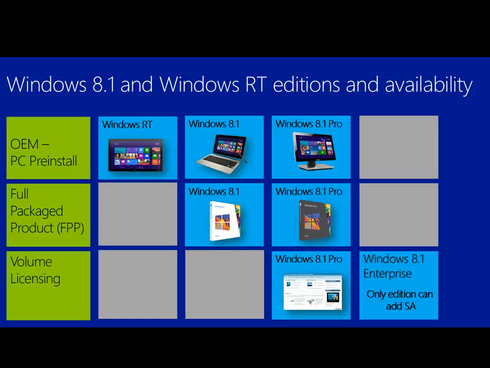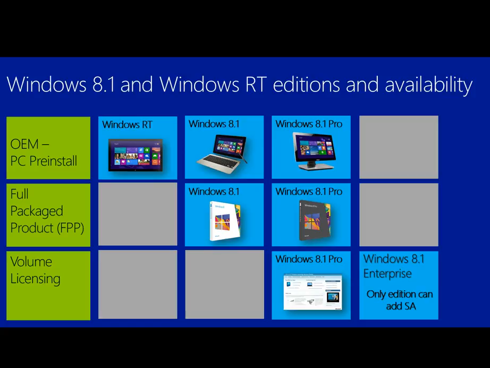Example, if I'm a new customer and I have 100 new machines and I want to have an Enterprise Edition. So if it's a new machine and I want an Enterprise Edition, does it mean I have to buy volume licensing Enterprise Edition?